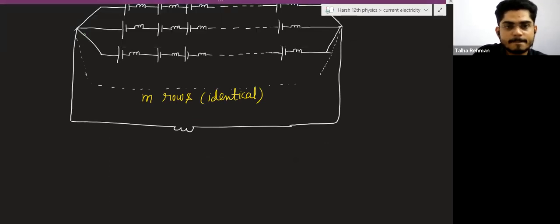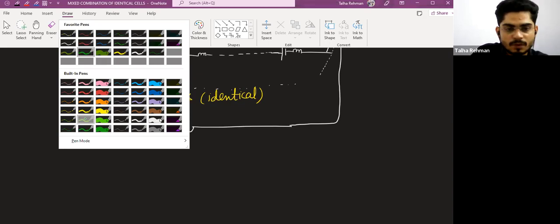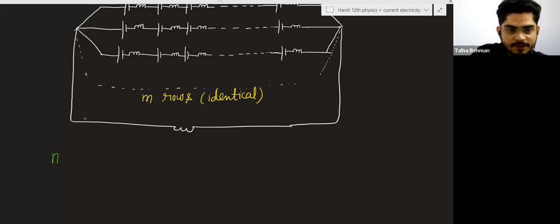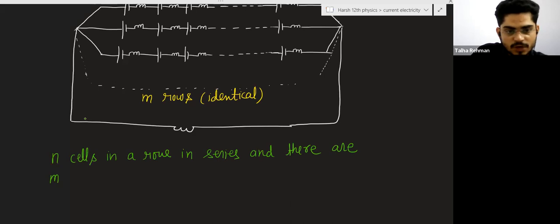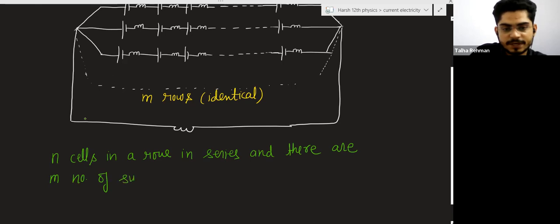So here I will write: n cells in a row in series, and there are m such identical rows.